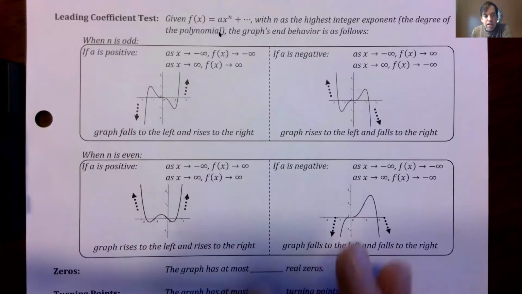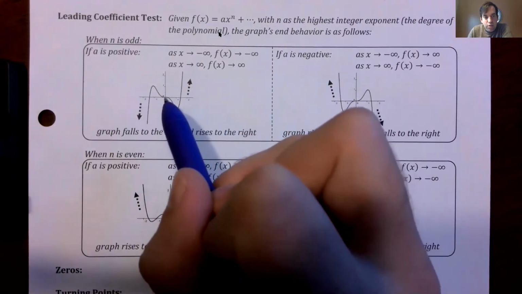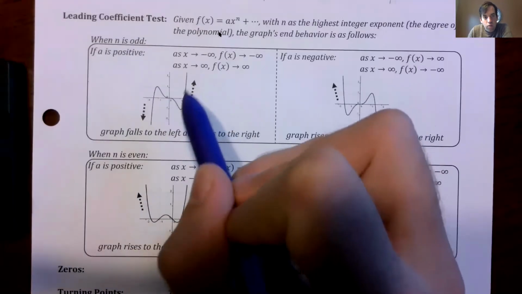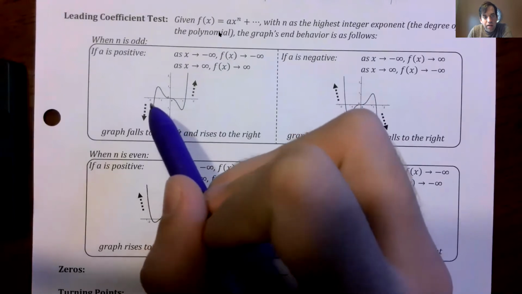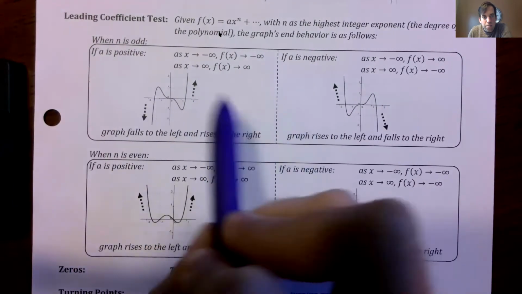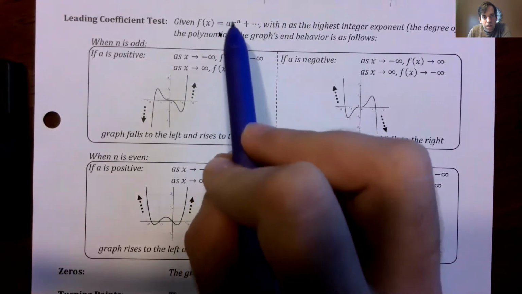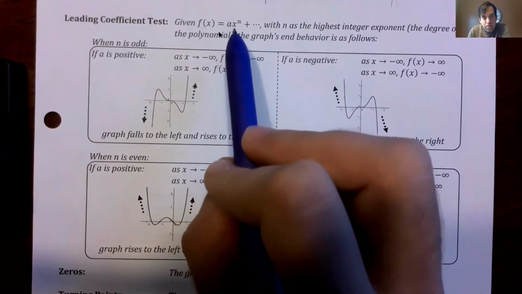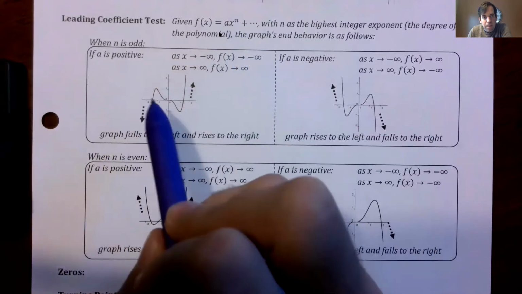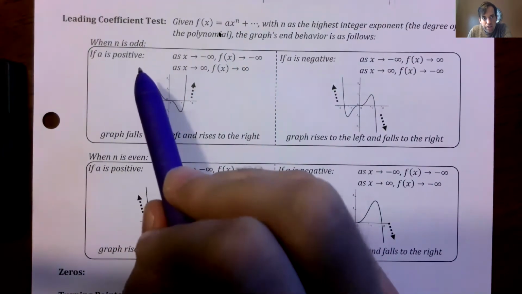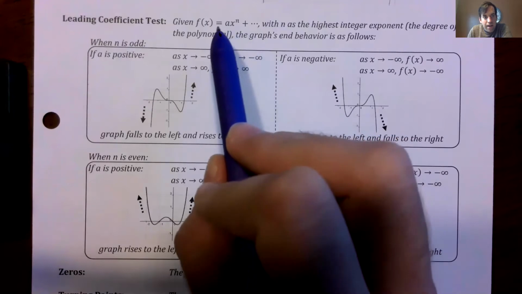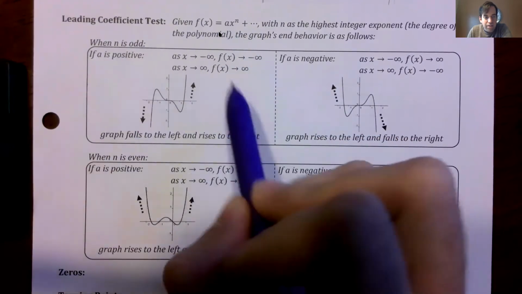And you can see that just like an x cubed graph, it's going to go up on one side and down on the other. So there's 2 different things that might happen if n is odd. If a is positive, so the leading coefficient, the number in front of the x with the biggest exponent, if that coefficient is positive, so if n is odd and a is positive, then we have this first scenario.